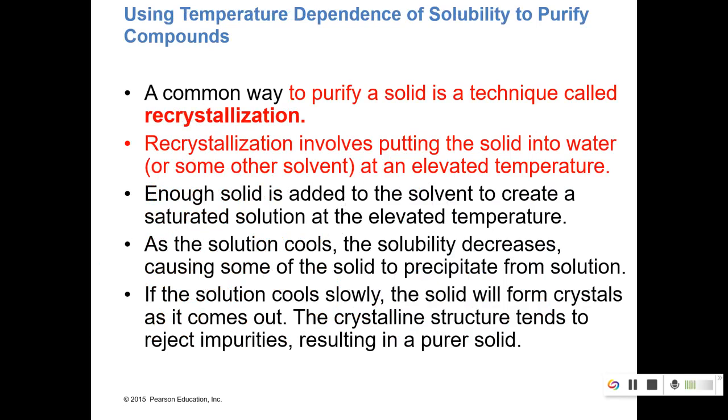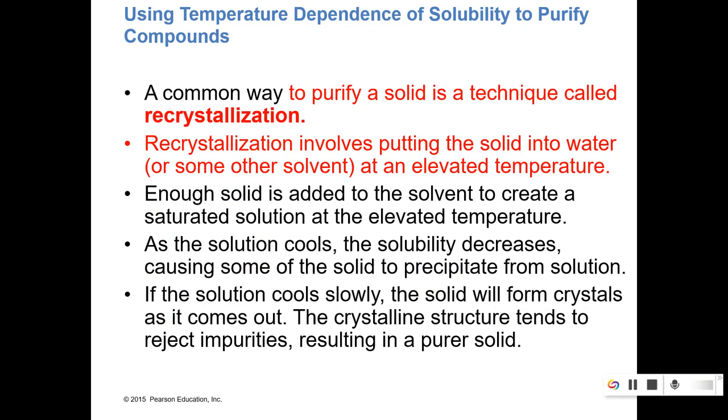So, all right, next thing, how we make supersaturated solutions. The way we do this is called recrystallization, and it's a way that we purify a solid. The thing that y'all are most used to is rock candy. What happens is you put the solid into the water and you heat it up. Then you have to let it cool back down very slowly.